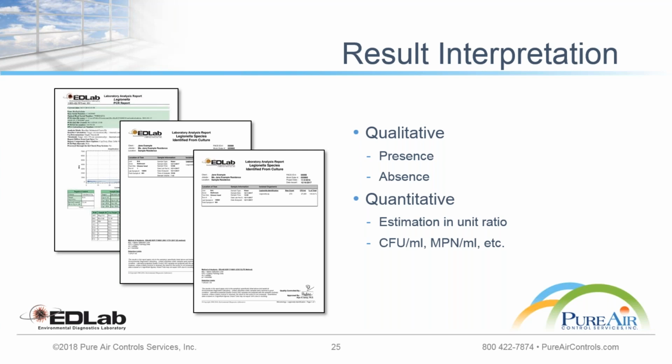Obviously, all three methods are going to give that information. Whether we use the DFA method, the non-culturable method, the culturable method, or the DNA method, we will be able to give you that result, so that first interpretation can be made using any of these tests.